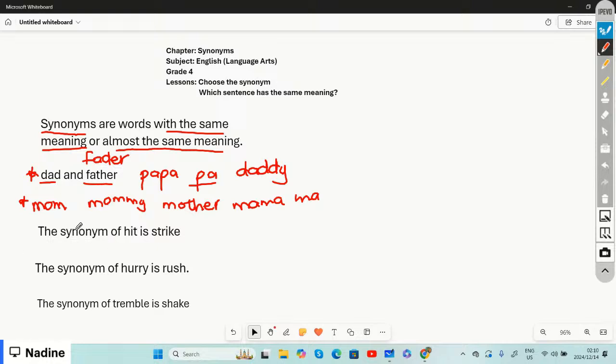All right. So now, if we look at a few examples of synonyms, the synonyms of hit. If you hit something or hit someone, okay, don't hit anybody, but you can also say, I strike that thing or I strike the person. So the word hit is a synonym of strike, or the word strike is a synonym of hit. You can either use the word hit or the word strike.